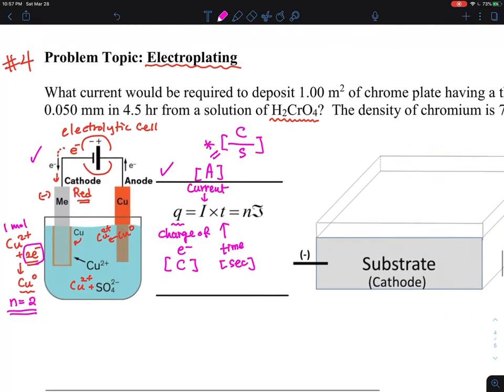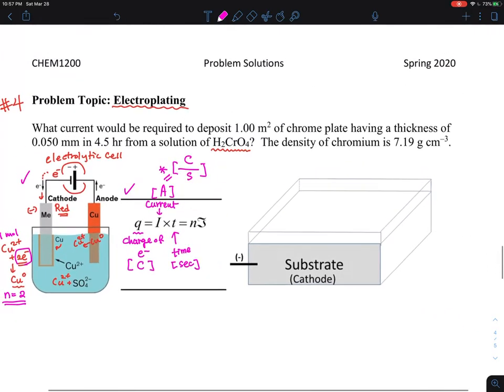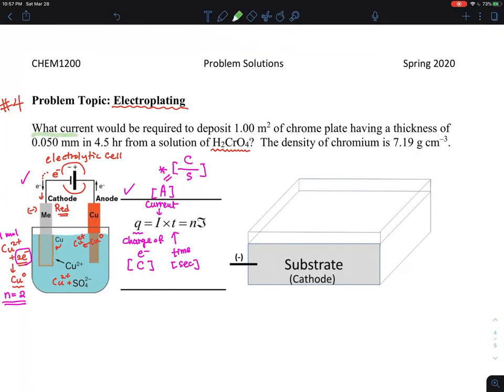So let's look at the problem. Let's read it. What current would be required? They want to know the current in terms of ampere.